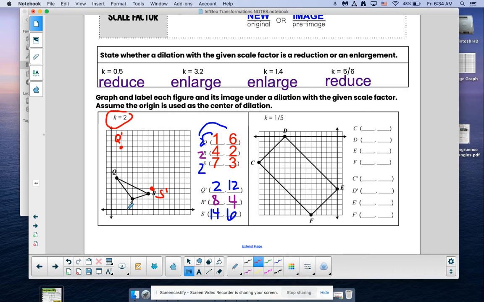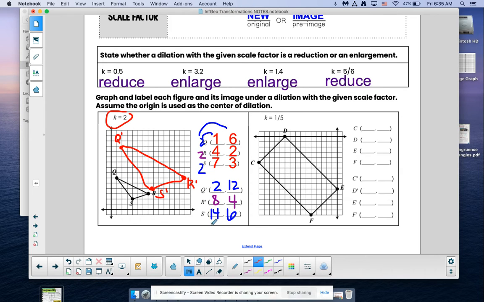Okay, that's R. And now we can connect them. So do you see how it got bigger?